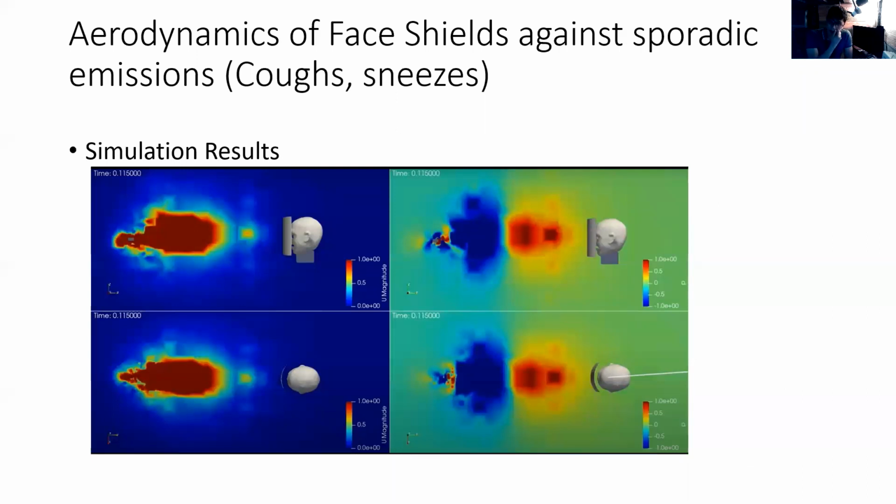So in the simulation results for the sporadic emissions, as we analyze each of the time history, if there's an incoming cough, we recorded high velocity there. What happens is that the incoming air from the emission pushes the other air away. So it's incoming, so there's a burst of positive pressure over here.